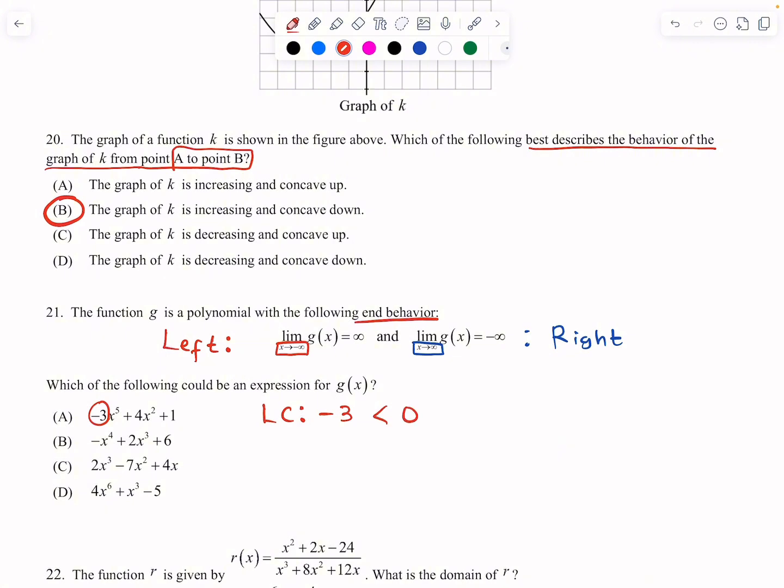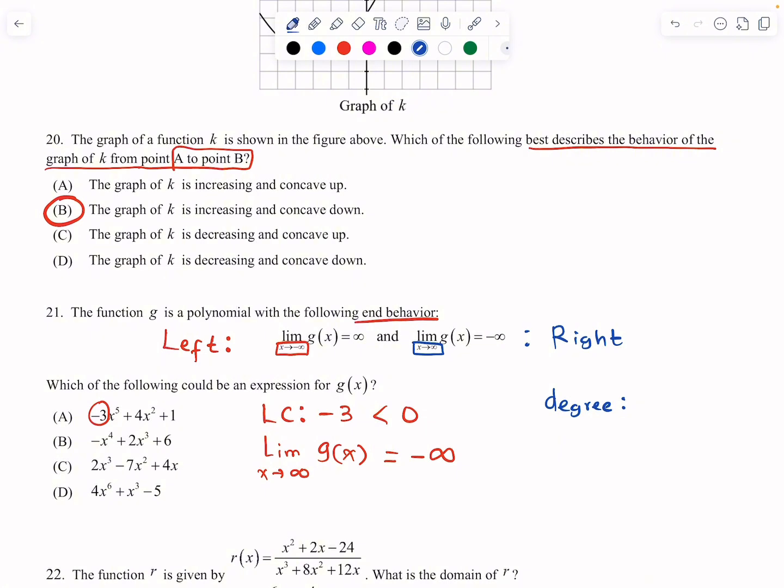And then we said that if the leading coefficient is less than 0, it means that the limit as x tends to infinity of g of x would be negative infinity. Now we can look at what is going on the left. All you have to do is check the degree of that polynomial.